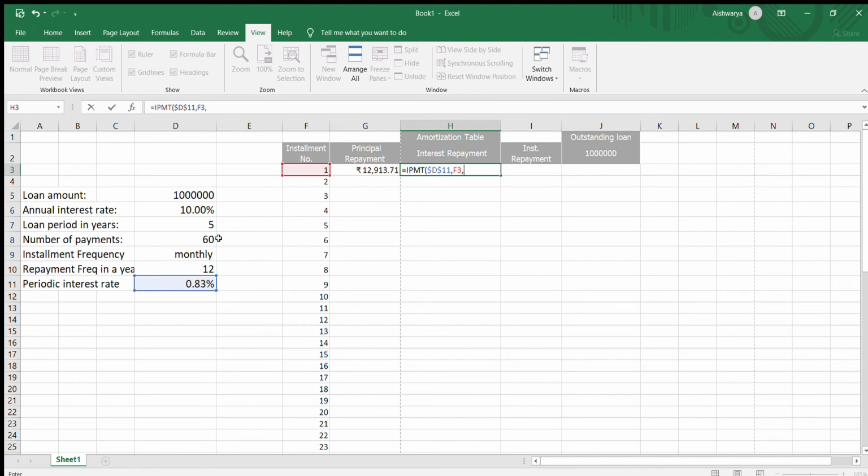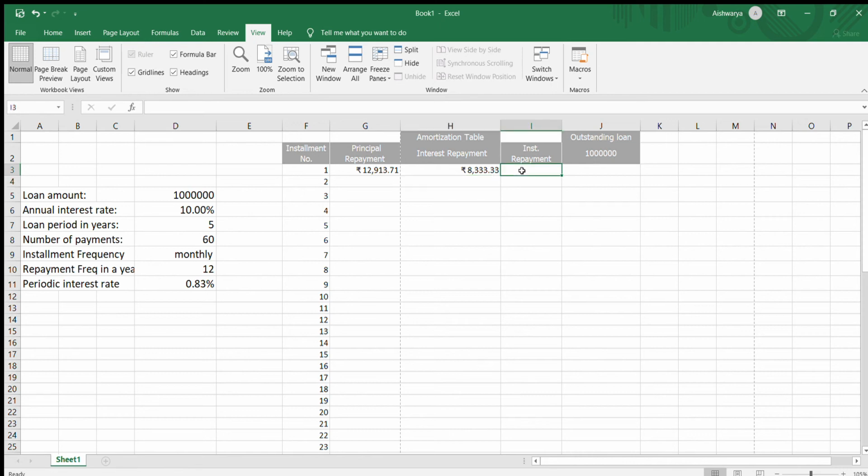Now number of payments, and we can freeze this value. Now present value, sorry, principal value. We are adding the minus sign and freeze this column. So the interest repayment amount is shown.